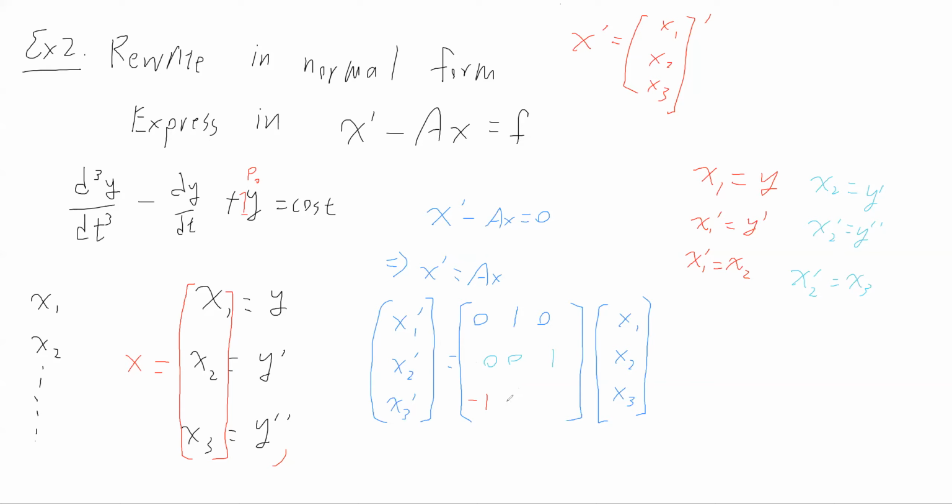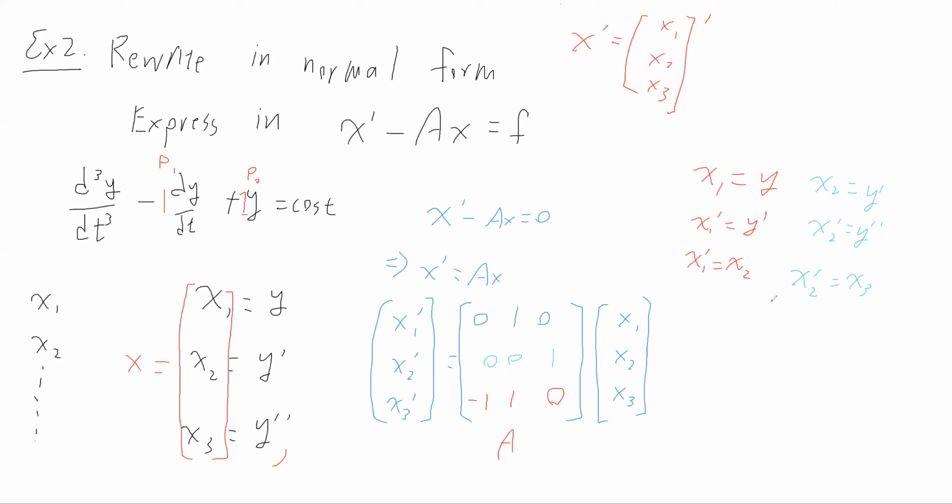Next is negative p1. So here we have p1 is -1. So the opposite of -1 will be 1. And the last one will be negative p2. Now, we actually don't have a p2 here, right? Because we don't have the second derivative of y. So p2 will just be 0, right? And that will be your matrix A.